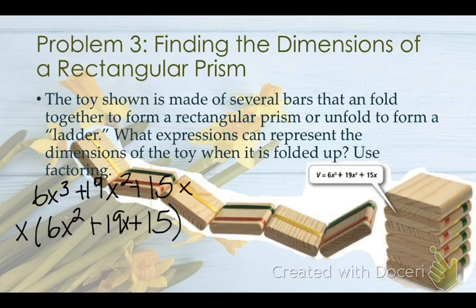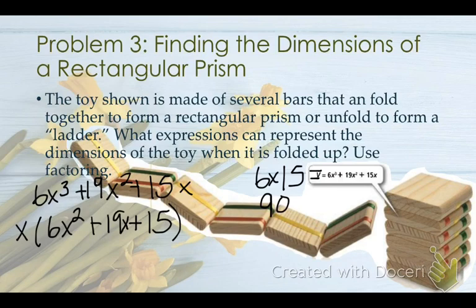I can try to figure out 6 times 15. 6 times 15 is 90, so I can figure out what factors of 90 add up to equal positive 19.